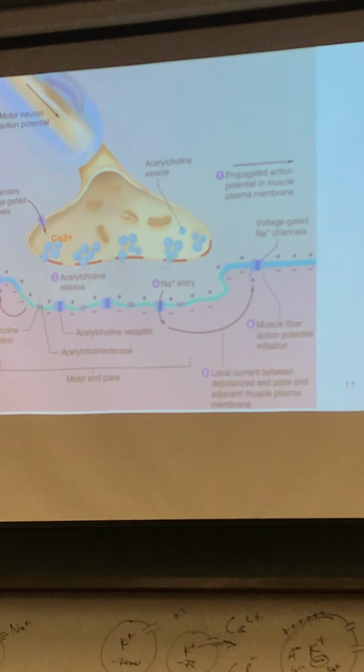So now, keep in mind this is the fluid outside of a cell. That means there's tons of sodium out here, right? There's my muscle's membrane. That means there's tons of potassium in here, but not a whole lot out there. Now, I want sodium to come in. So how do I get sodium to come in?